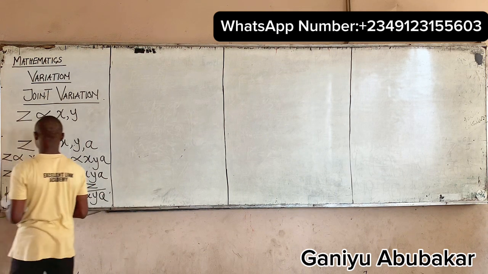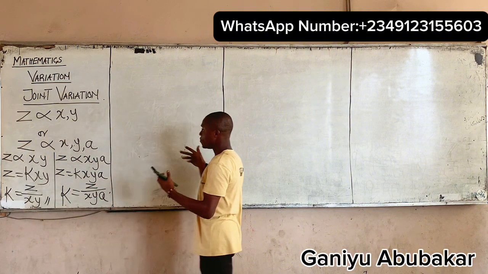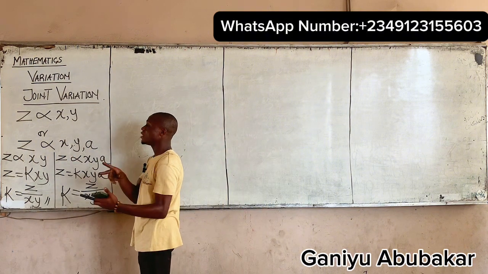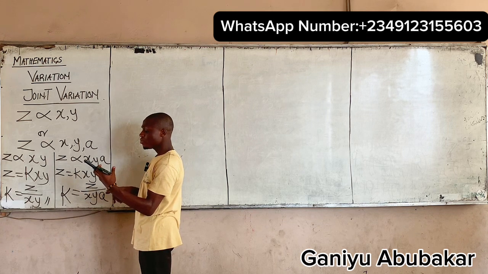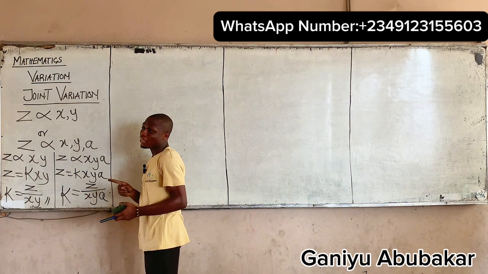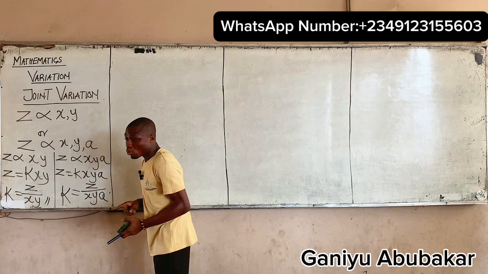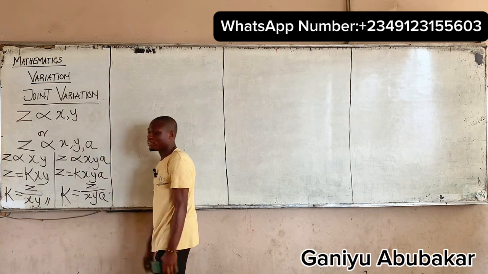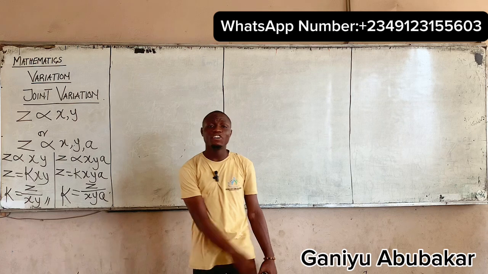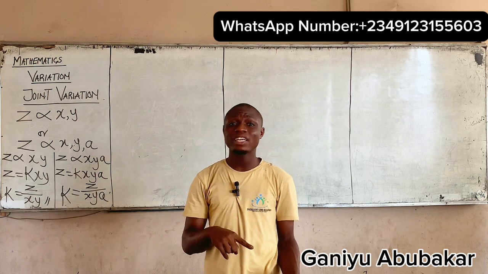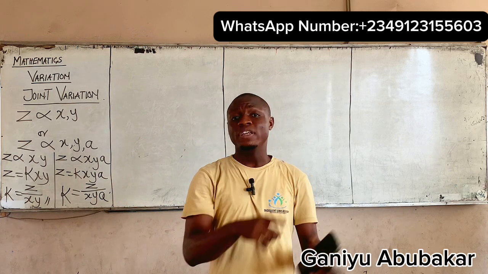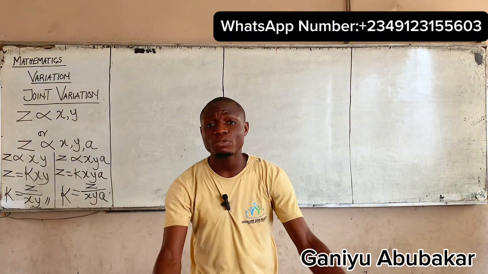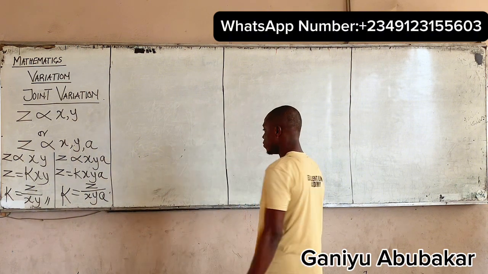This is the concept behind joint variation. So for joint variation, note that one quantity is directly proportional to two or more quantities. That's your derivation. Note that joint variation works like the concept of direct variation.